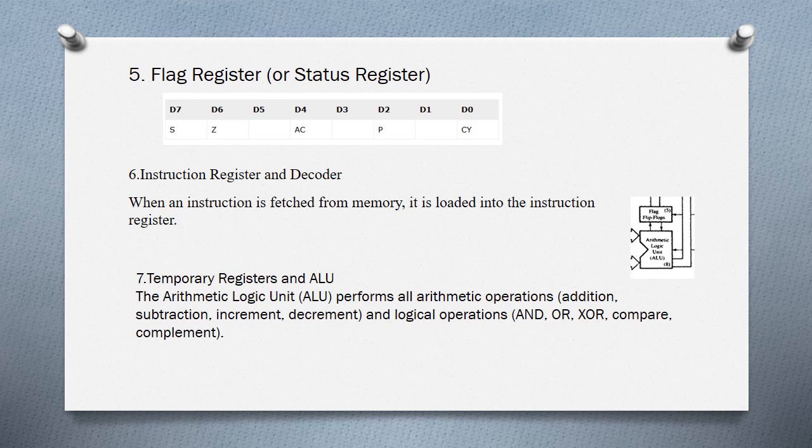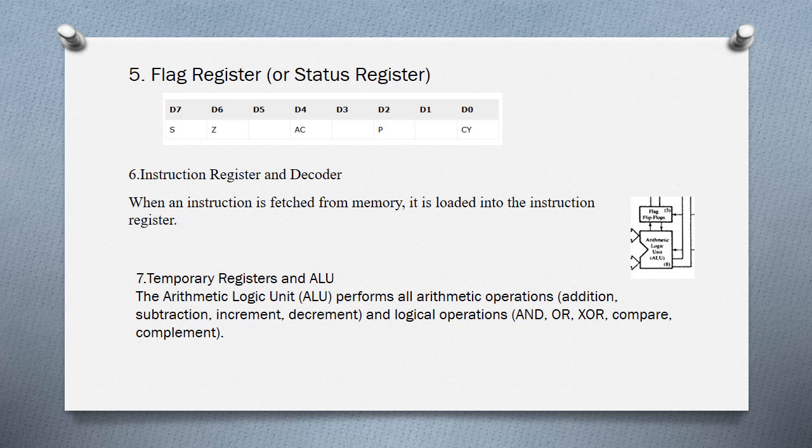You can see something called CY. CY is the carry bit. When you add two 8-bit data, if the answer is 8-bit, you do not have a carry. You are operating on two 8-bit data, and the result is also 8-bit, so no problem. But if you have a 9th bit additionally, the carry flag is set.